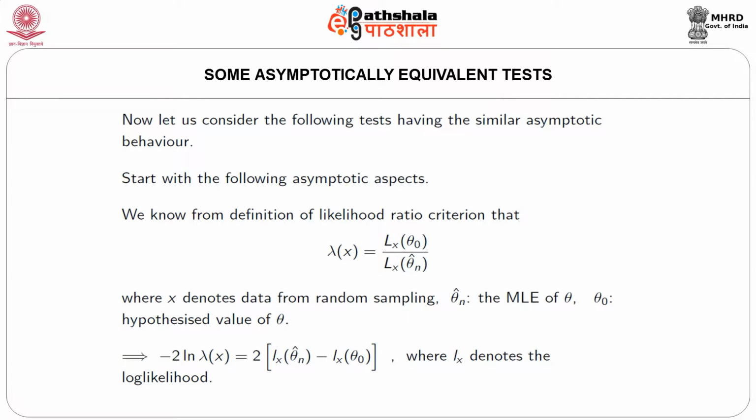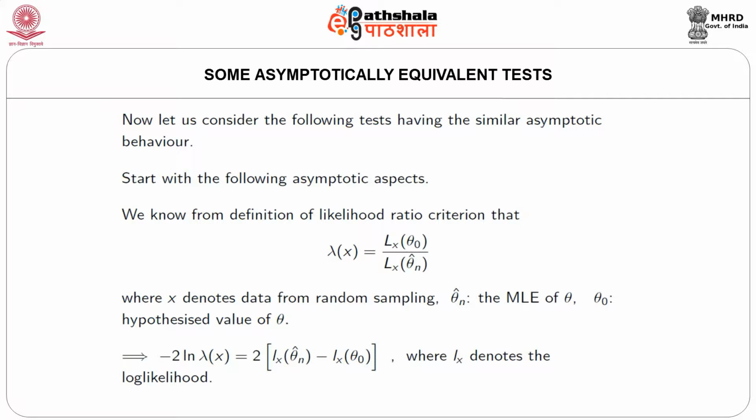Let us now consider the following tests having similar asymptotic behaviors. But before we define the tests, we can start with the following asymptotic aspects. We know from the definition of the likelihood ratio criterion that lambda x equals capital Lx theta naught by capital Lx theta n hat, where x denotes data from random sampling, theta n hat denotes the maximum likelihood estimator of theta, and theta naught denotes the hypothesized value of theta.